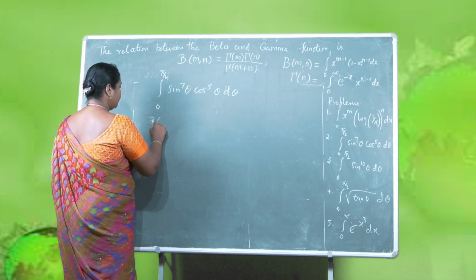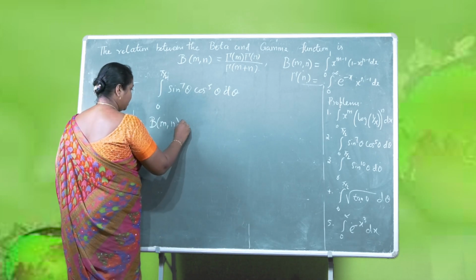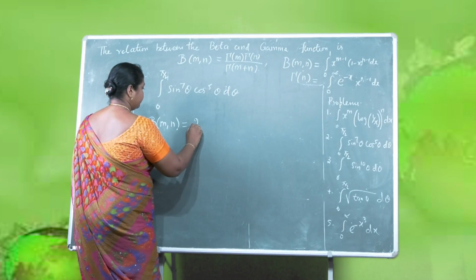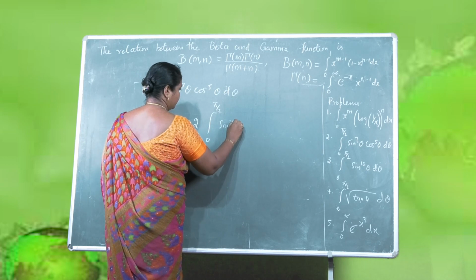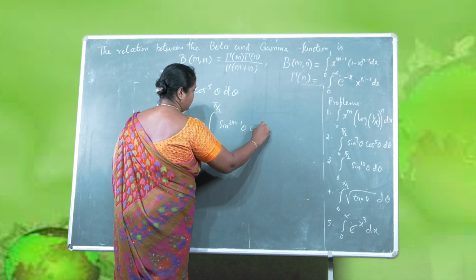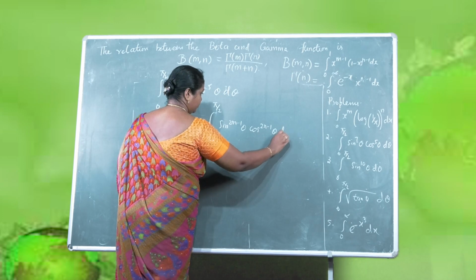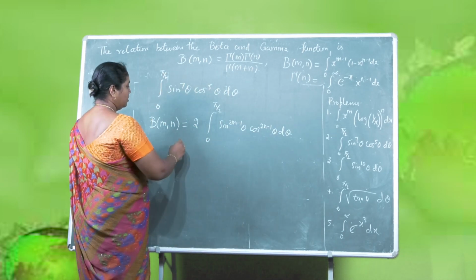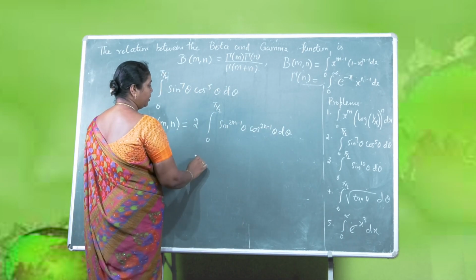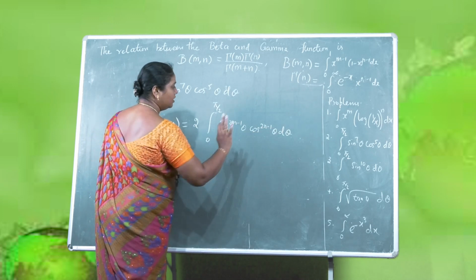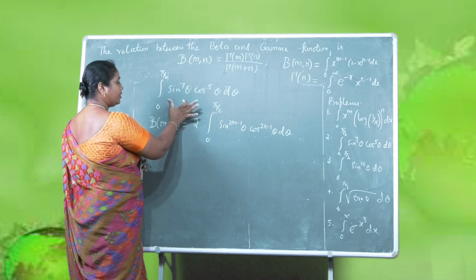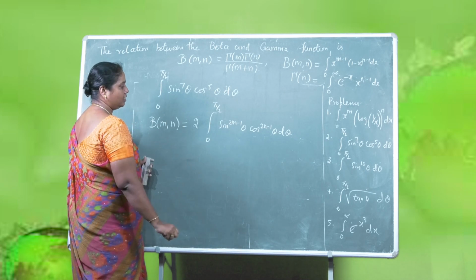So beta of m comma n is equal to two times integral 0 to pi by 2 sin power (2m minus 1) theta cos power (2n minus 1) theta d theta. So now you can get an idea.